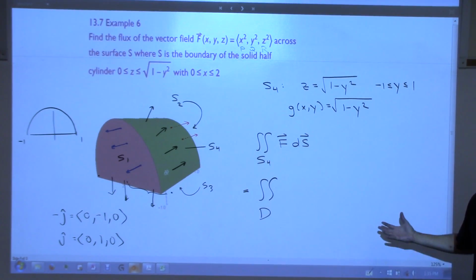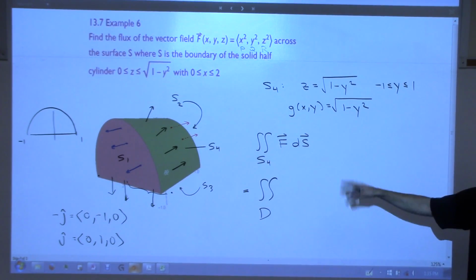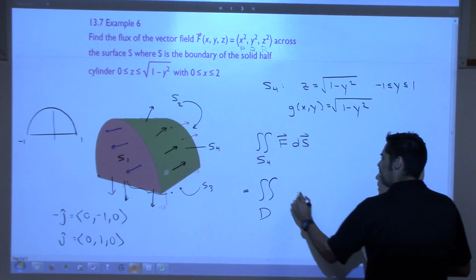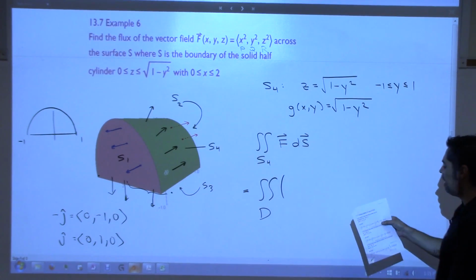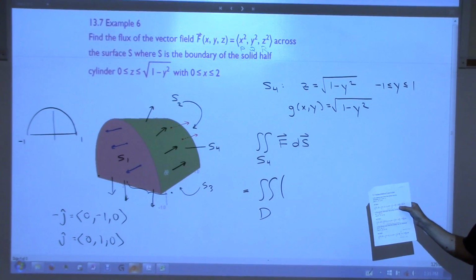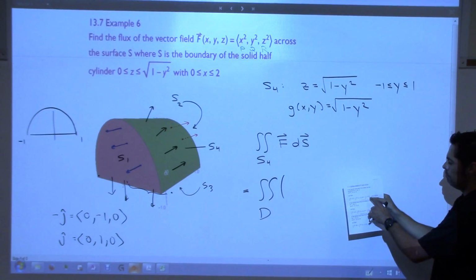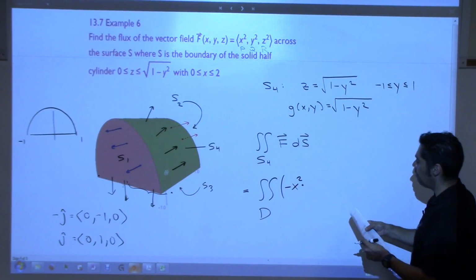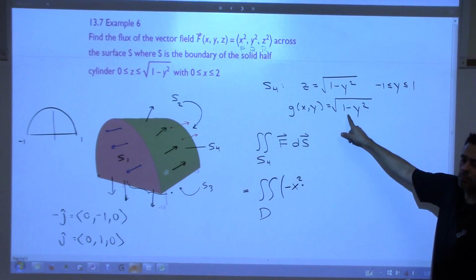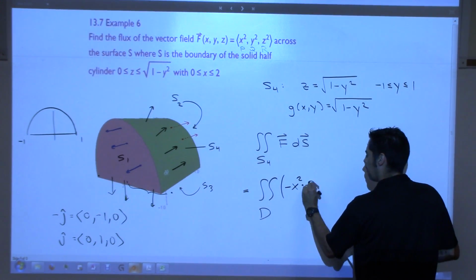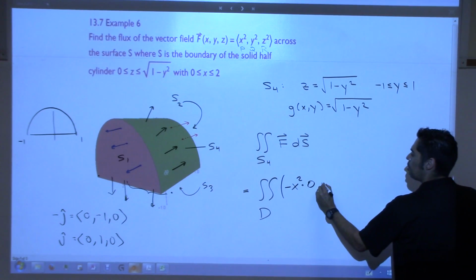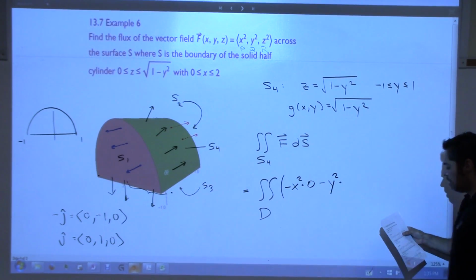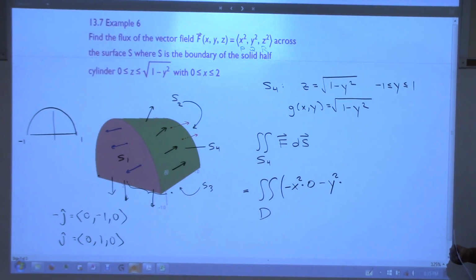It's a rectangle, so it's going to be pretty straightforward limits of integration, right? And I'm going to be doing here negative P, which is negative x squared, times the partial of g with respect to x, 0, there is no x in there, minus Q, minus y squared, times the partial of g with respect to y.